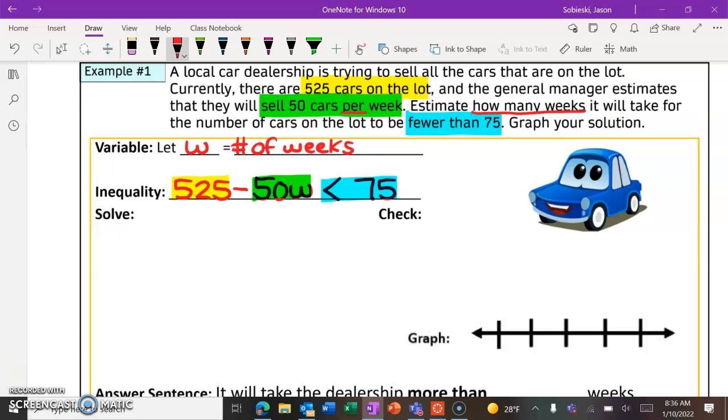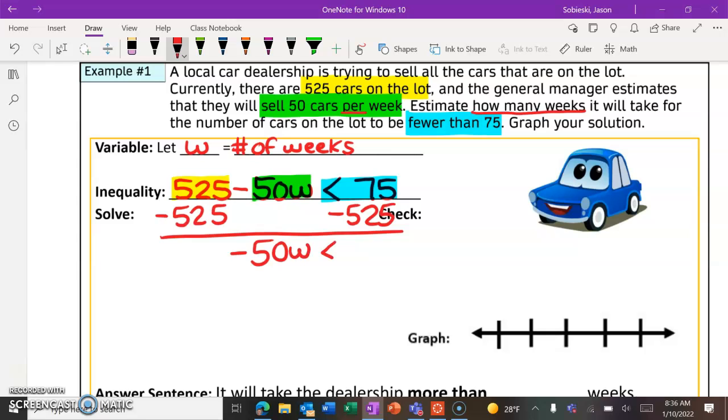So again, this is a non-parentheses type. So we're going to subtract away the 525 from both sides as our first step. If we do that, that's going to give us negative 50W is less than negative 450. Step 2 is to say let's divide by a negative 50 on both sides.